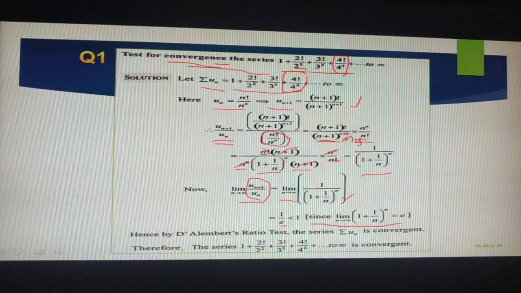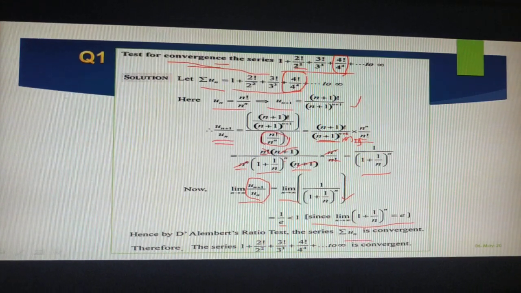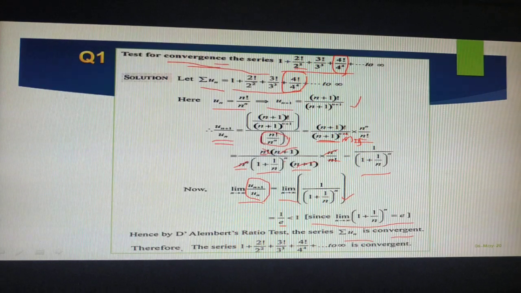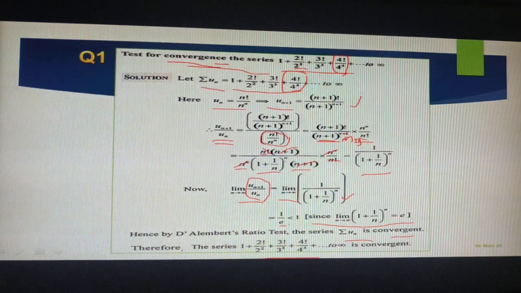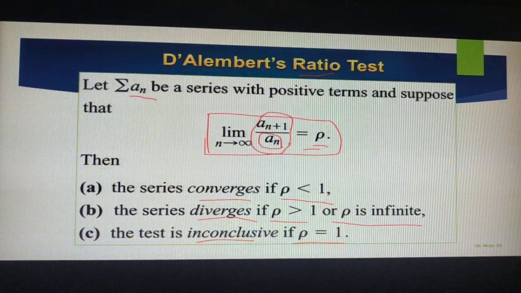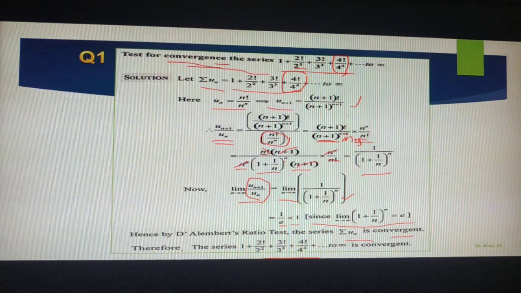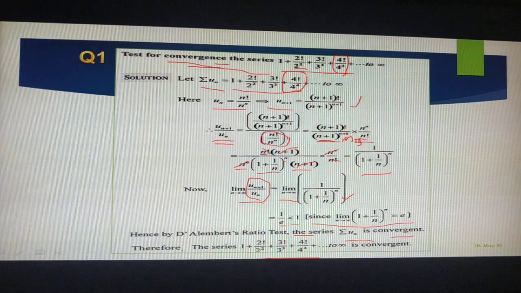So by D'Alembert ratio test, we can say that the series is going to converge. Why is it converging? 1 by e is lesser than 1. As per the statement, when the limit is lesser than 1, by the D'Alembert test the series is going to be convergent.